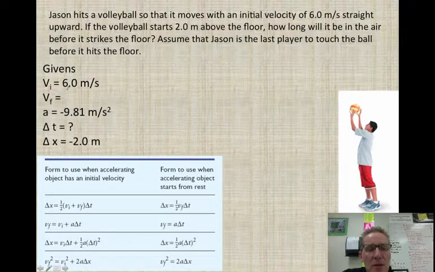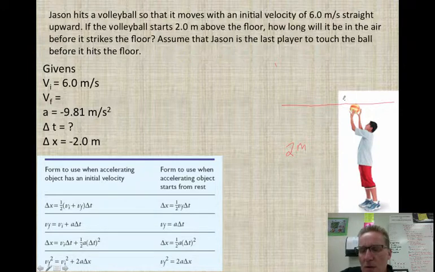And if the volleyball starts 2 meters above the floor, how long will it be in the air before it strikes the floor? So this is a really important time to go ahead and establish your coordinate system or your frame of reference. So if we were to draw a line here at 2 meters up, so this is 2 meters from the floor.